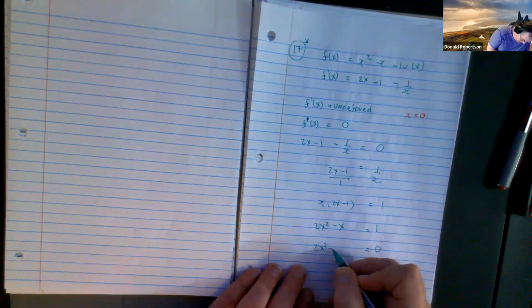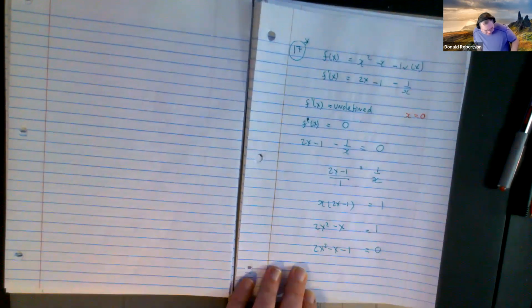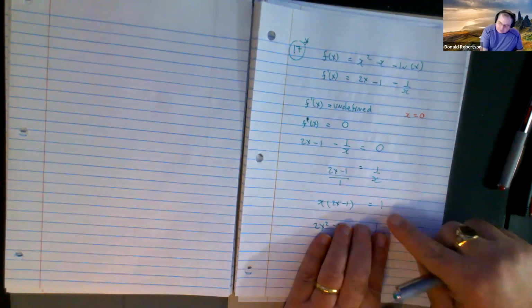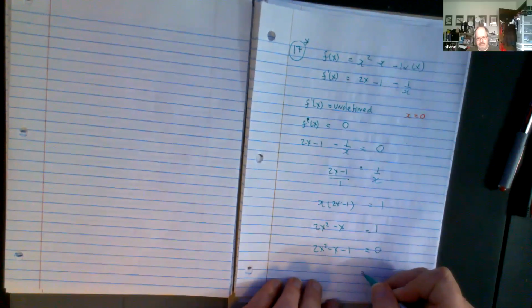Then subtract 1. Now, if you were looking at that and saying, oh, I got the answer, it's 0.5, that would only be true if this was equal to 0. When this is equal to 1, you really don't know what x could be. Now we have a quadratic. We're going to factor it. Any obvious factors that could work with this?